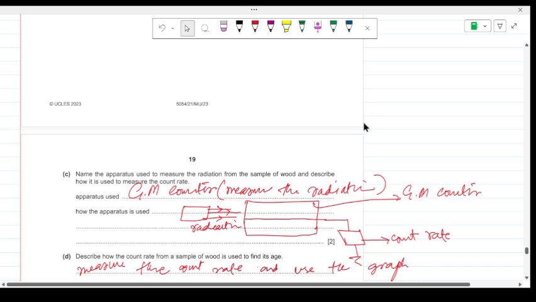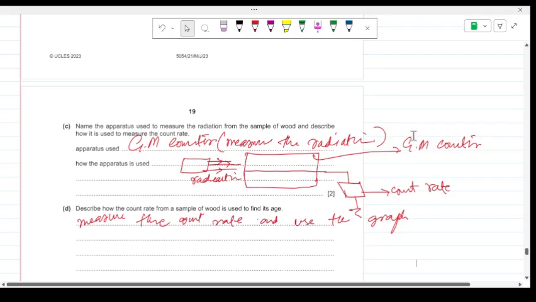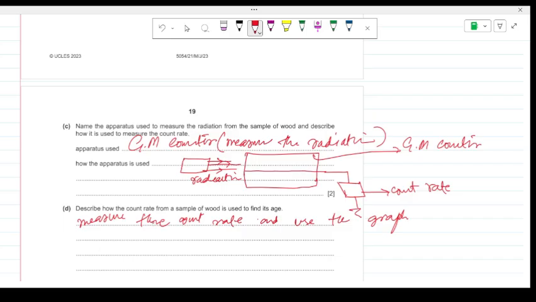As we have discussed, for the count rate 100, we can say the age of the sample is 24,000. So for any count rate, you can get the age of the sample. So use the graph to find the corresponding age of the count rate.